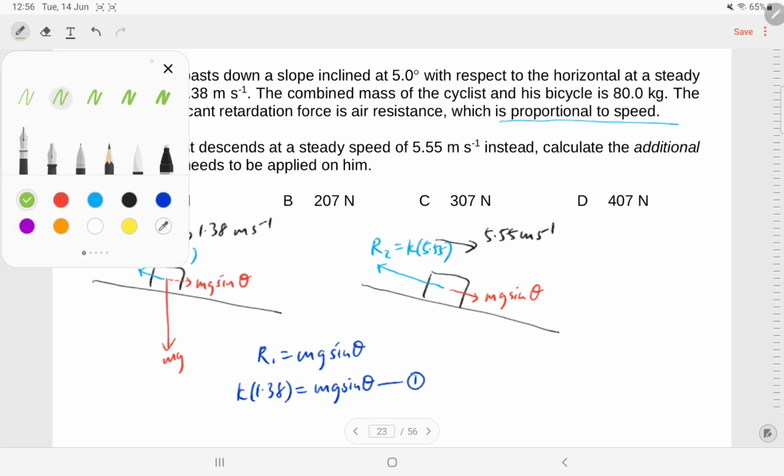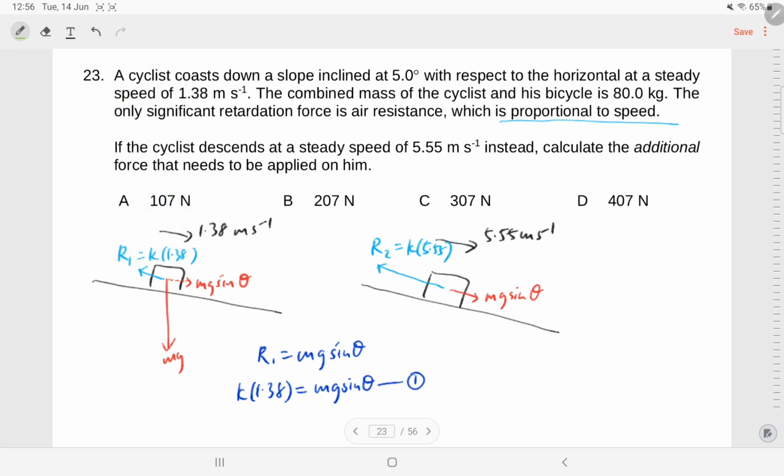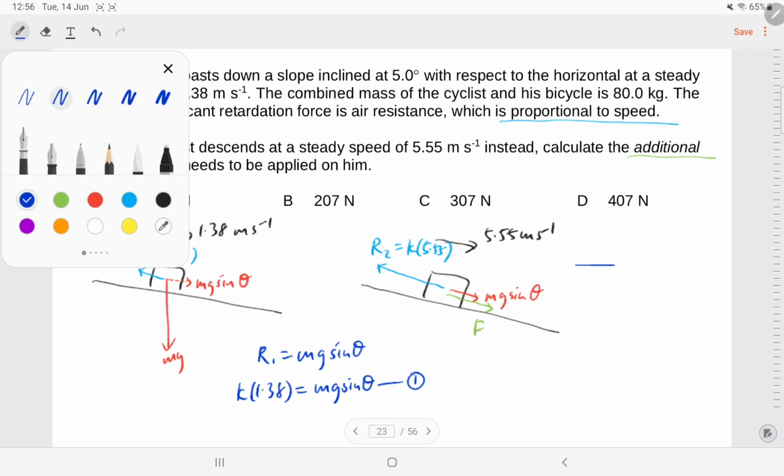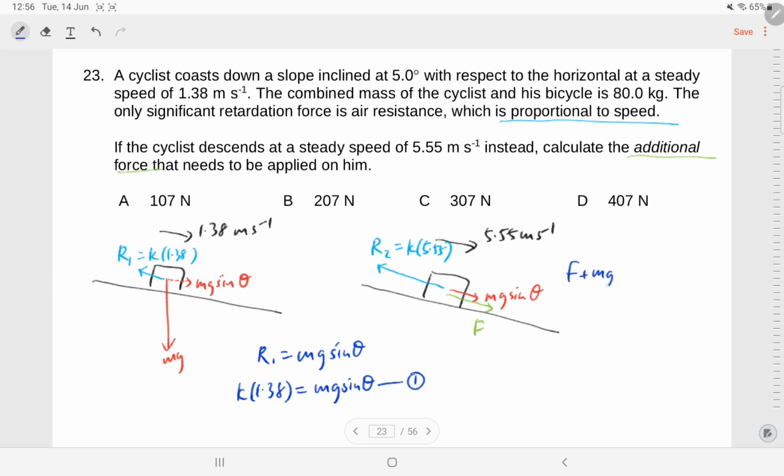Therefore, it must mean that he has to apply additional force, and that's what the question is asking for. So this additional force, let's just call it F, such that F plus mg sine theta equals R2.